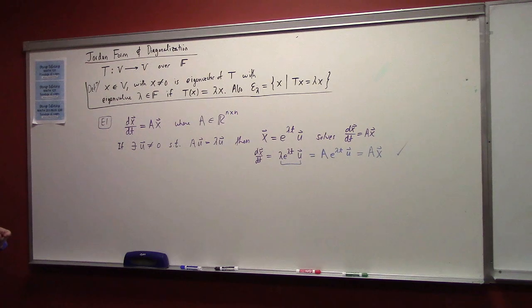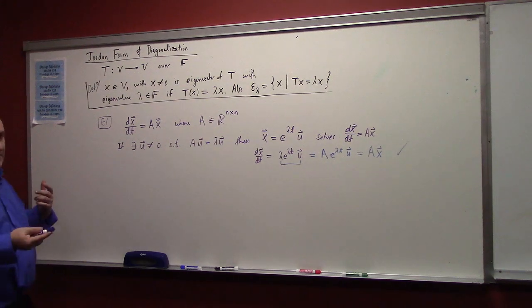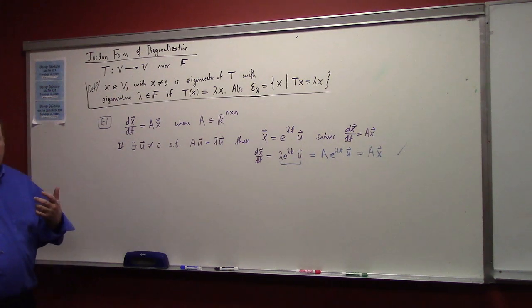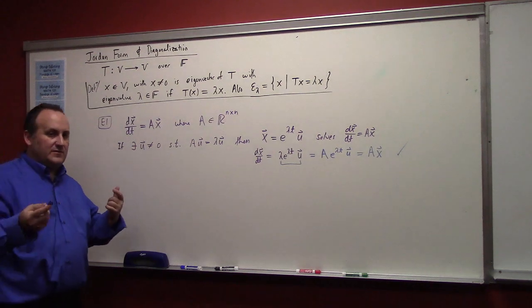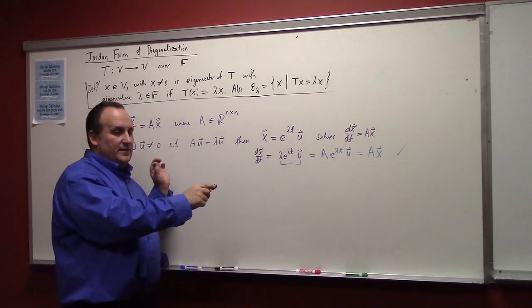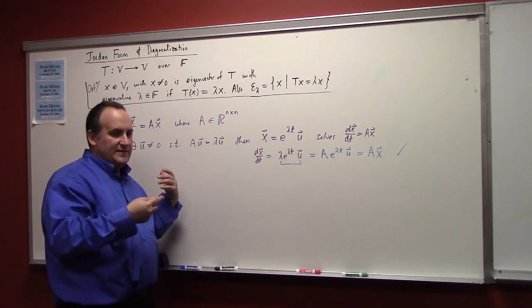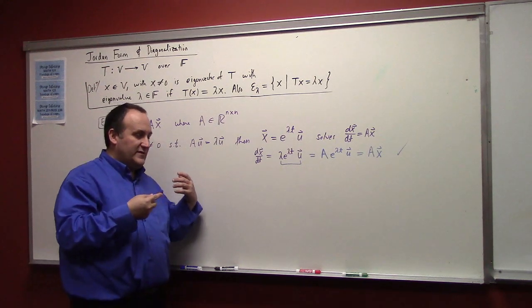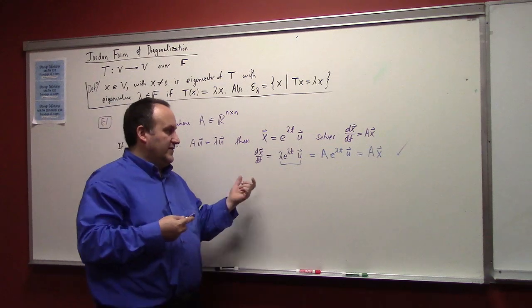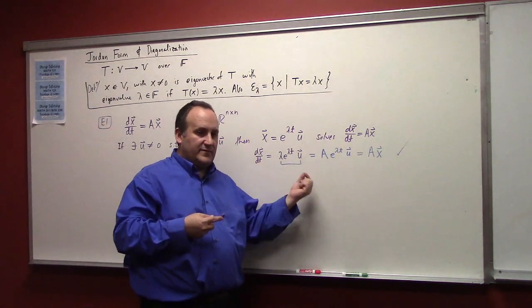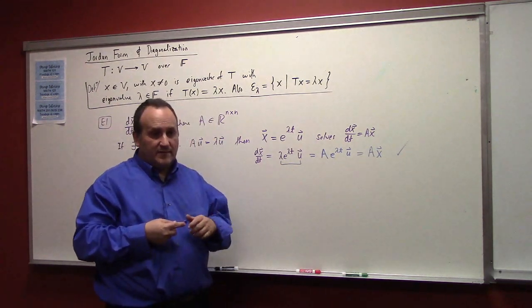And I'll just tell you this much. If we could find n linearly independent eigenvectors, not just one u, but a collection of n of them, and they were all linearly independent, then the existence and uniqueness theory of differential equations would say that the general solution of this problem is just given by a linear combination of these eigensolutions.